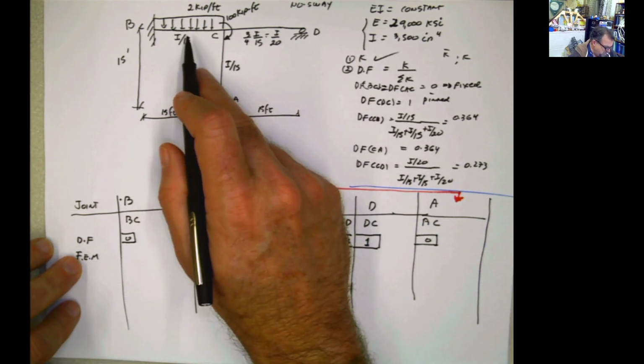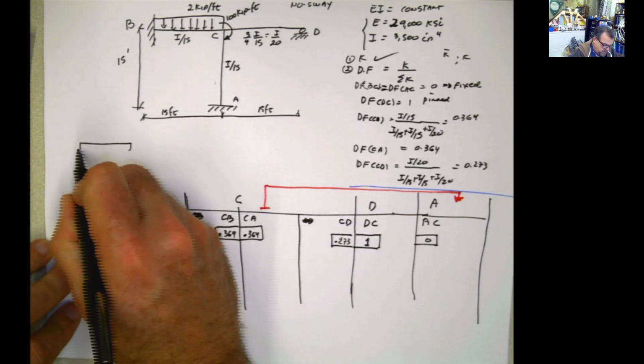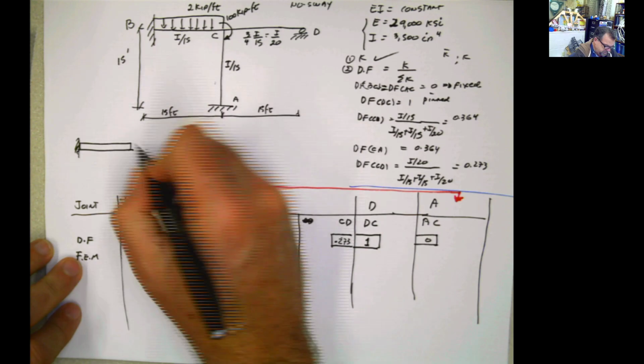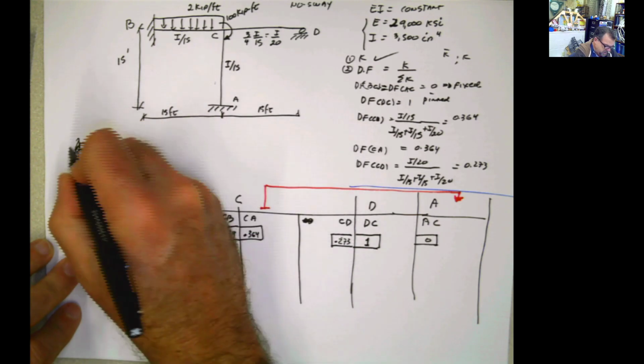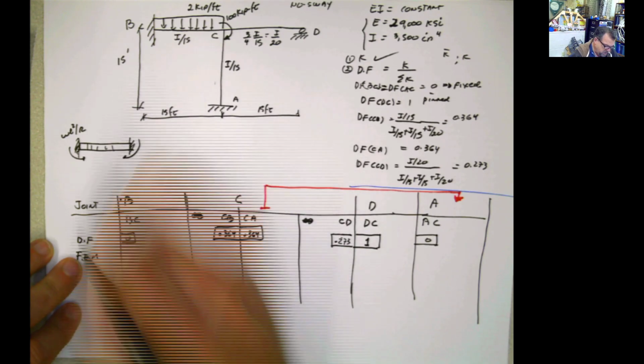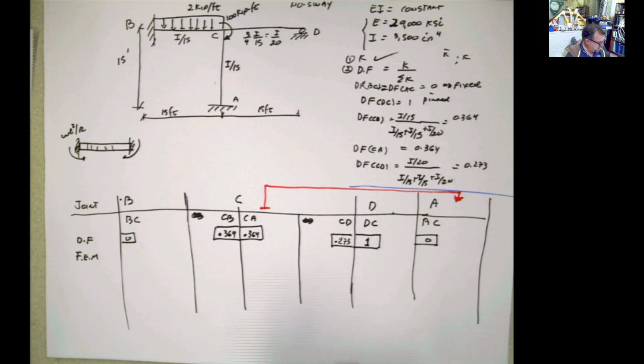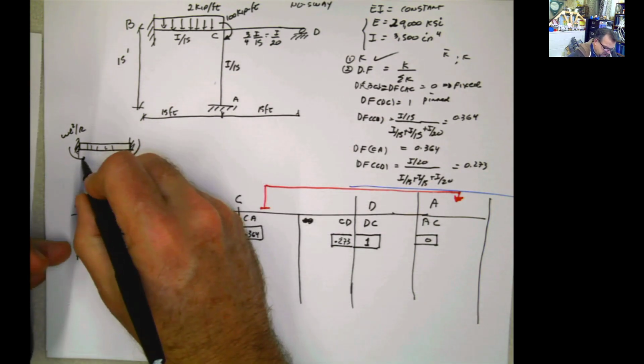The fixed end moment for that situation, remember, is WL squared divided by 12 on both sides. So the fixed end moment for that is going to be 2 times 15 squared divided by 12, which is 37.5.